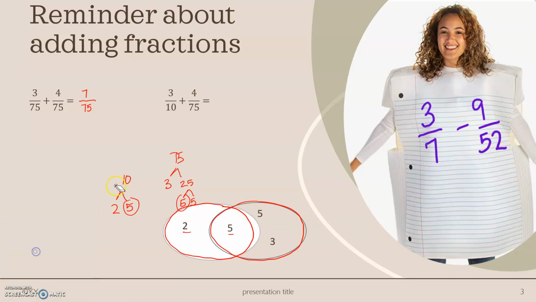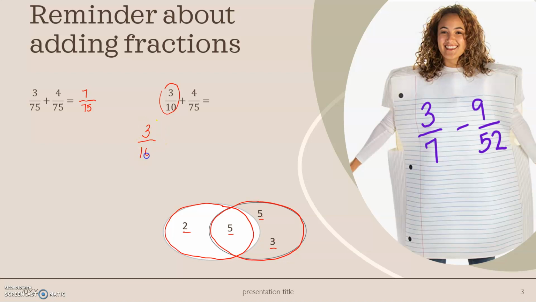So once I've figured out what my factors are for each number, I've factored each of the numbers completely, then I can say, well, I would like this fraction, 3 out of 10, to have the common denominator, and the thing that it's missing, the thing from the Venn diagram that it doesn't already have, is a 5 and a 3.